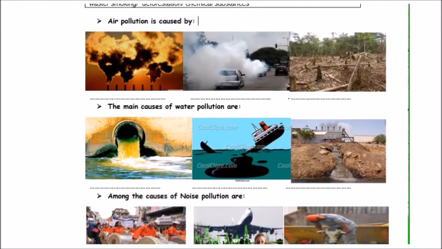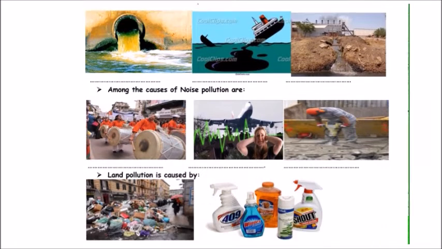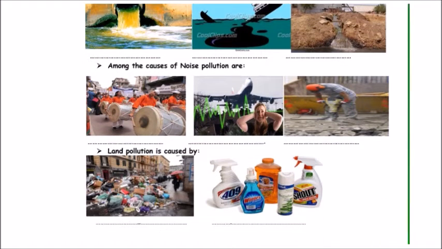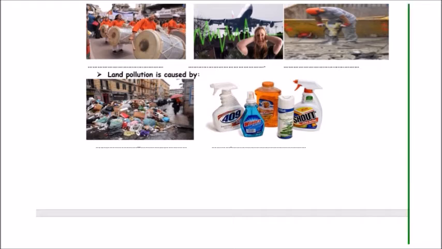And then the main causes of water pollution are, and the same thing, you're gonna use the vocabulary in the blank to complete or to match that vocabulary with the pictures that we have here. Among the causes of noise pollution are, and the same thing, you're gonna do that.